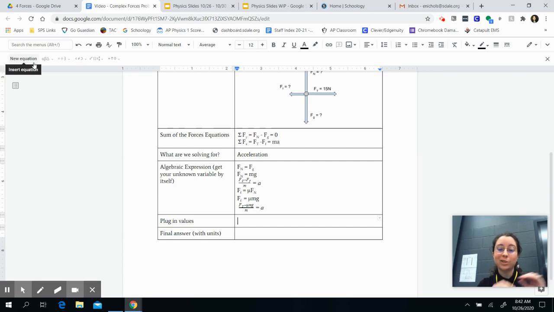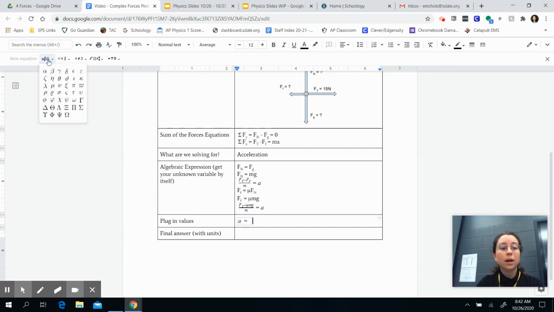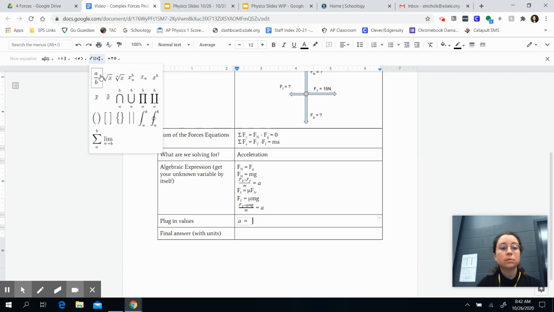So I'm going to do an equation again just because of that fraction. I'm going to put the A on the other side. So I can say A equals, I've got to plug in a fraction.